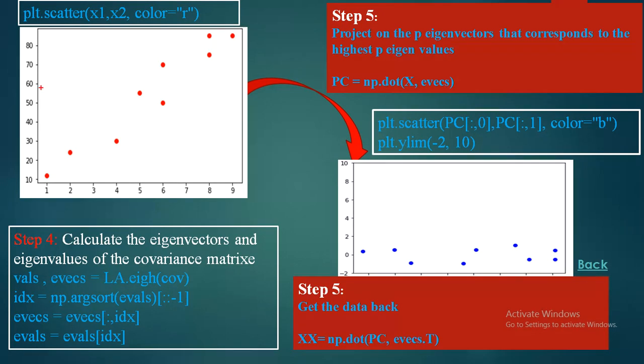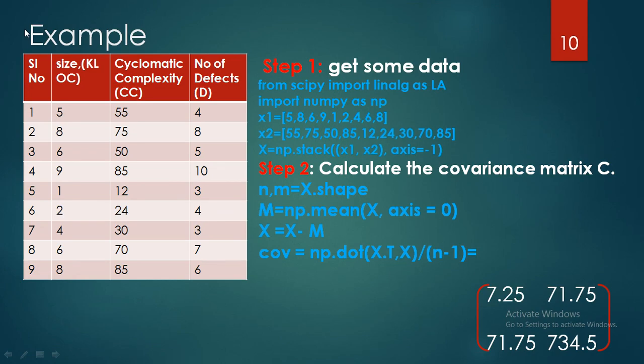Coming to step 3, here it is step 3 only. Having the covariance matrix, now compute eigenvectors and eigenvalues. Using Python libraries, here we have used from SciPy linear algebra as LA.